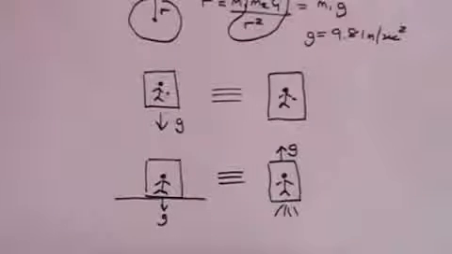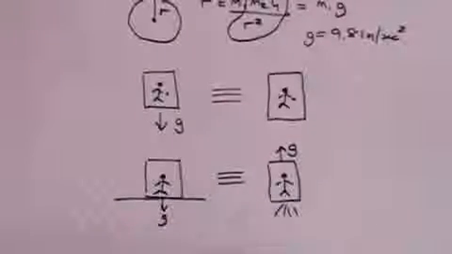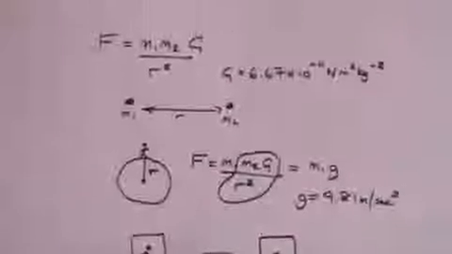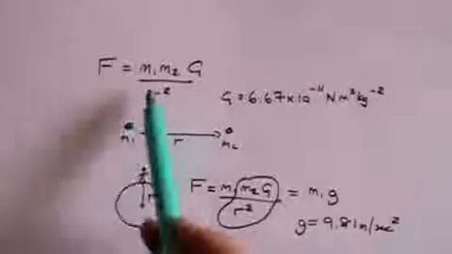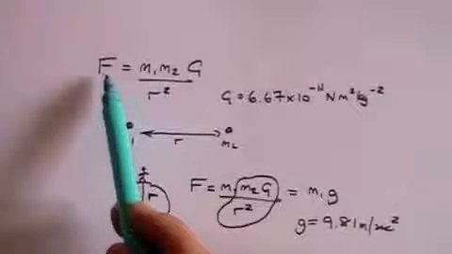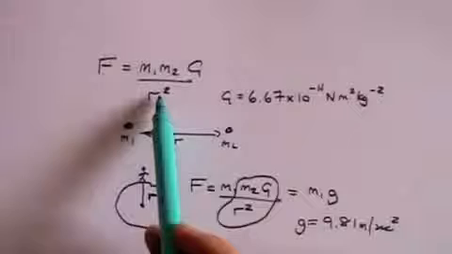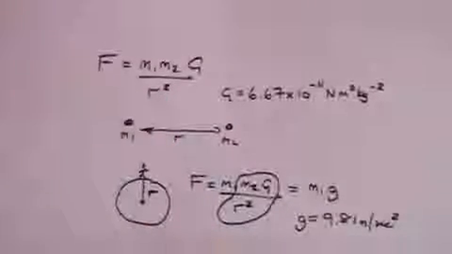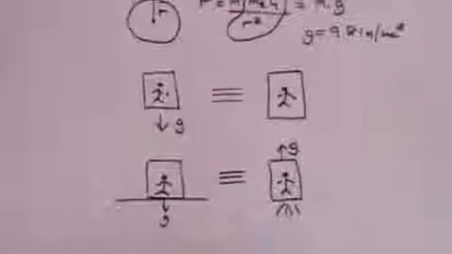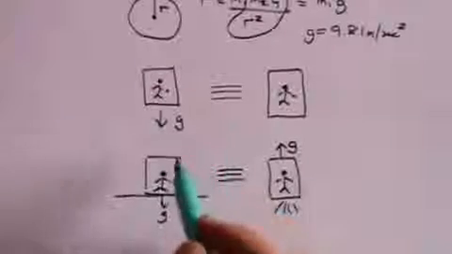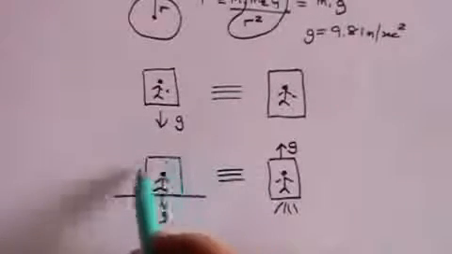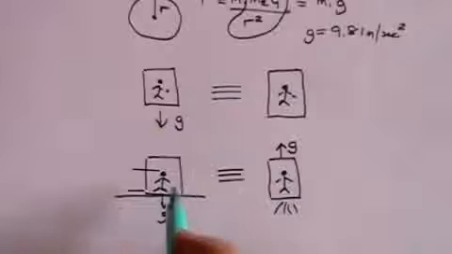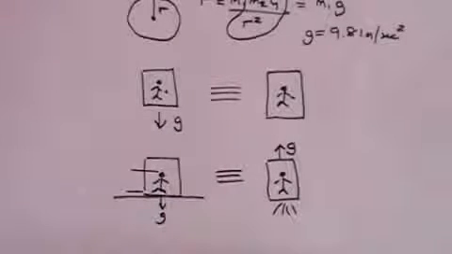Now I should say this is not quite true because of what are called tidal forces. We know from the formula that we wrote down first of all that the force on you is dependent on the distance. And so in fact when you're on the Earth, the difference between the force on your head and the force on your feet is slightly different.